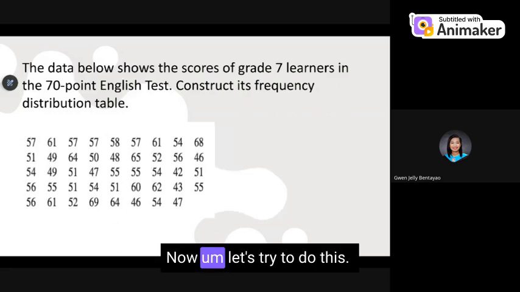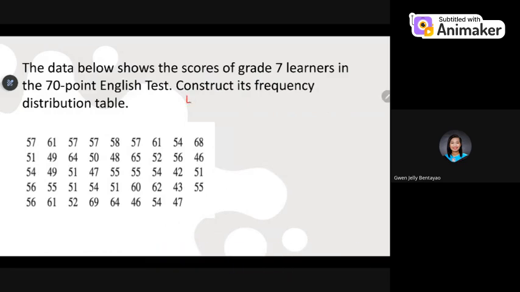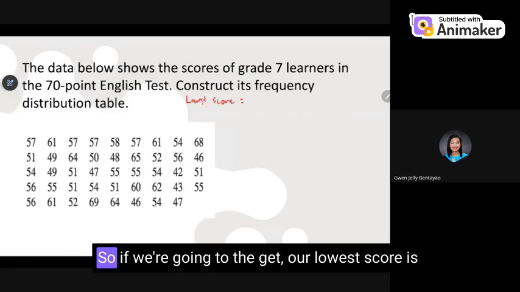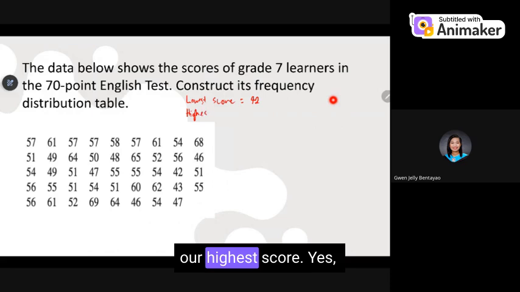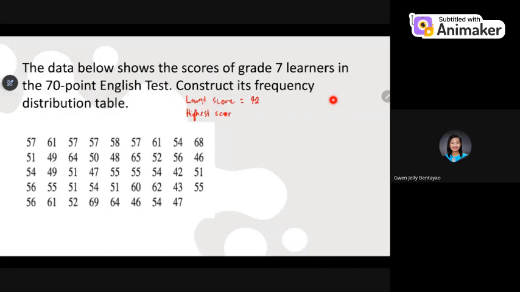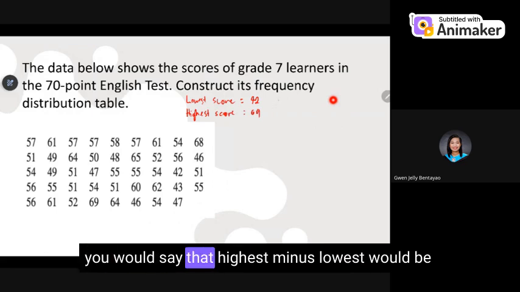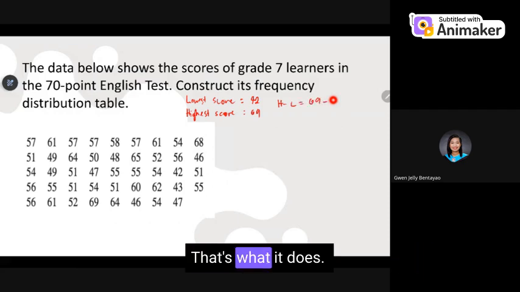Now, let's try to do this. First, I'm gonna identify my lowest score. Our lowest score is 42. Our highest score is 69. So from this, highest minus lowest will be 69 minus 42.